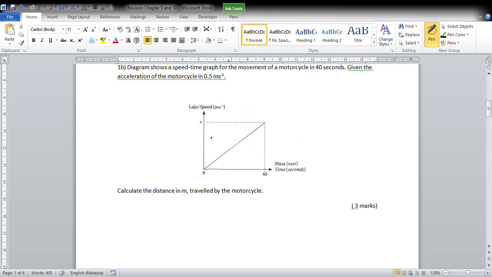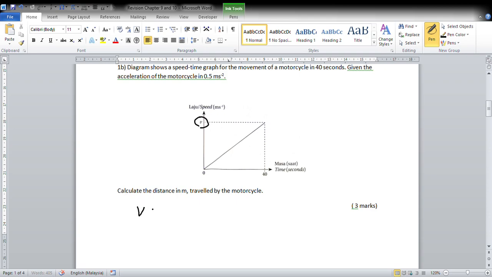Next, question 1b. The diagram shows a speed graph for the movement of a motorcycle in 40 seconds, given the acceleration of the motorcycle is 0.5 meters per second squared. This means every second the speed will increase by 0.5. First you have to find the final velocity when it reaches 40 seconds.